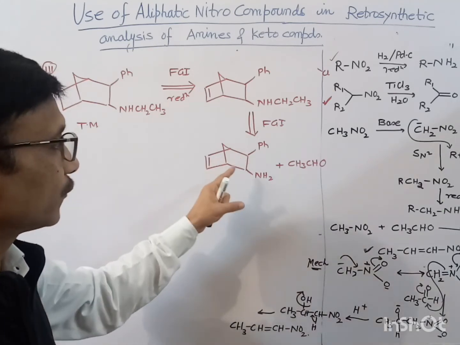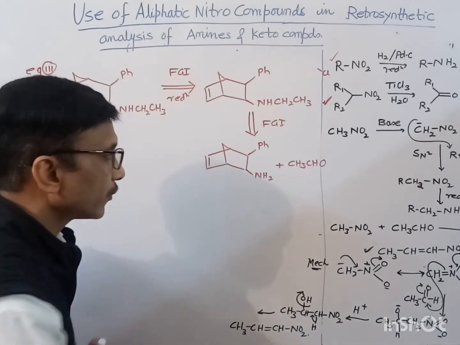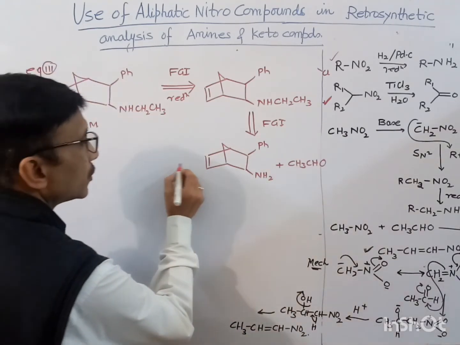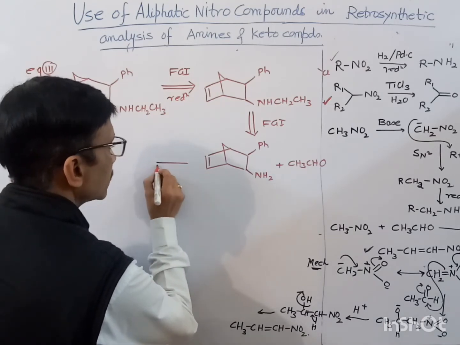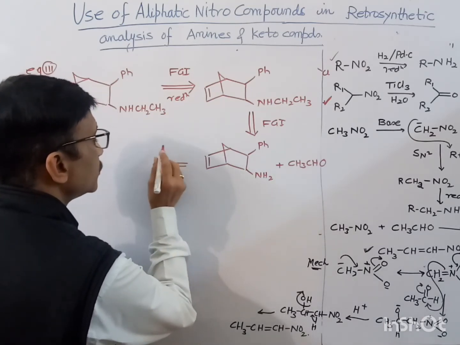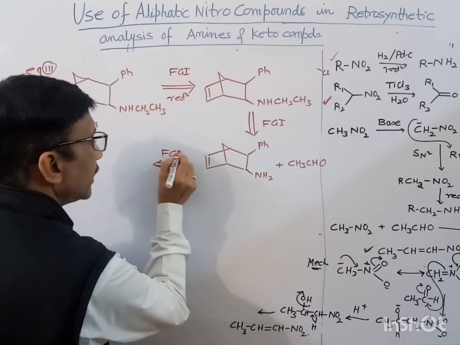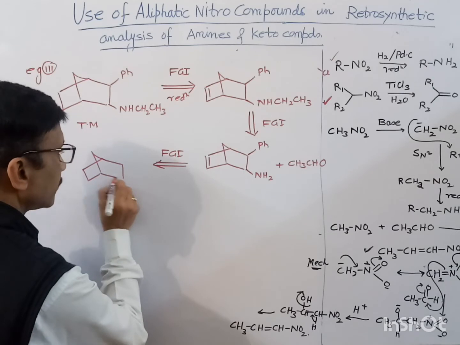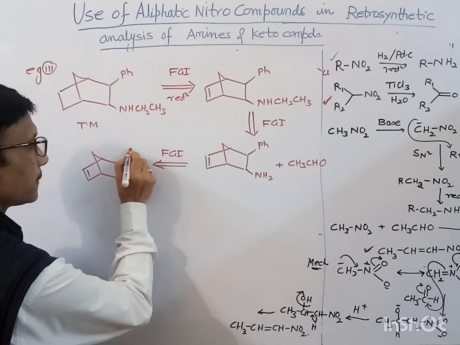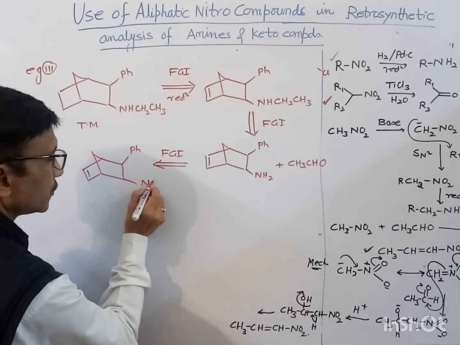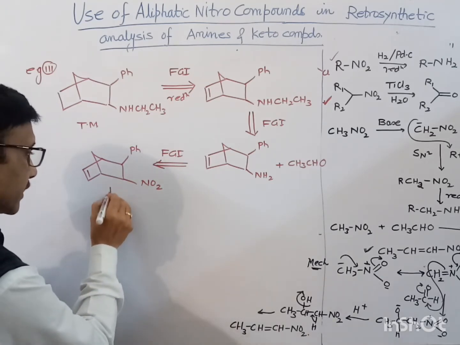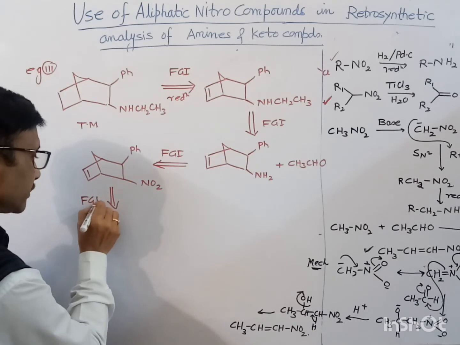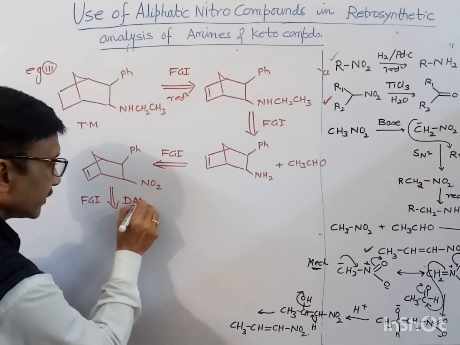So the dienophile should have the electron withdrawing group. That's why this NH2 can be converted into the electron withdrawing group. So you will do a further FGI, and we can write NO2. Now this can undergo the further functional group interconversion, Diels-Alder reaction.